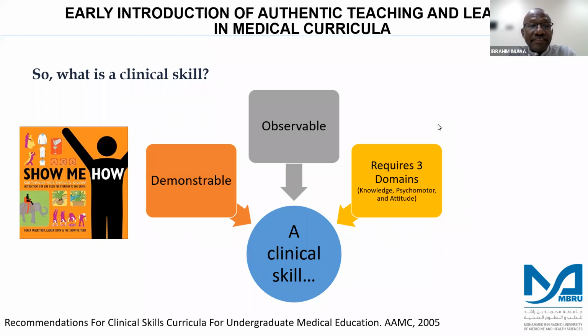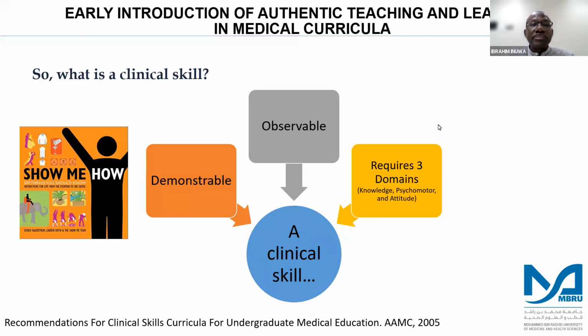And again, the AAMC, the American Association of Medical Colleges, in their recommendation for clinical skills curricula for undergraduate medical schools, have clearly identified the characteristics of what is a skill. One, they say that for any activity to be called a skill, it needs to be demonstrable.